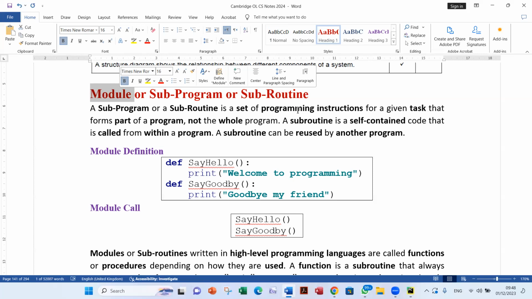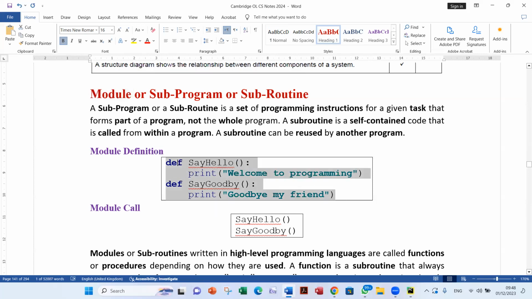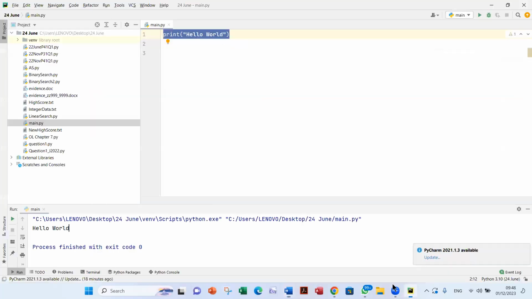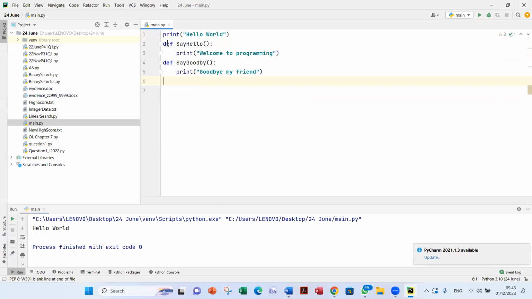Okay, let us first show you a module definition and then show you a module code. Let me copy these two modules into Python. I don't need to spare your time. I can just copy and paste. So now print hello world is in the main program.